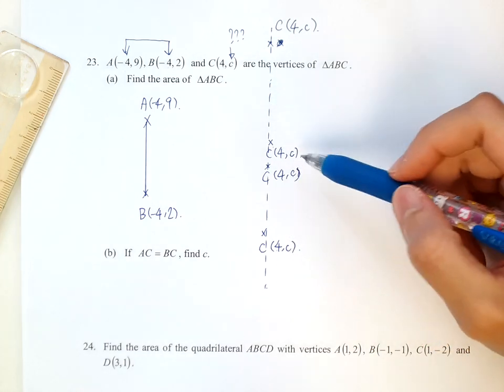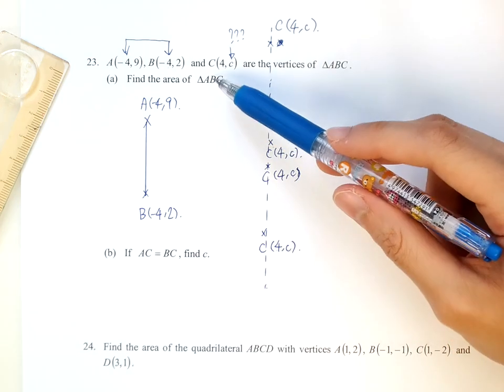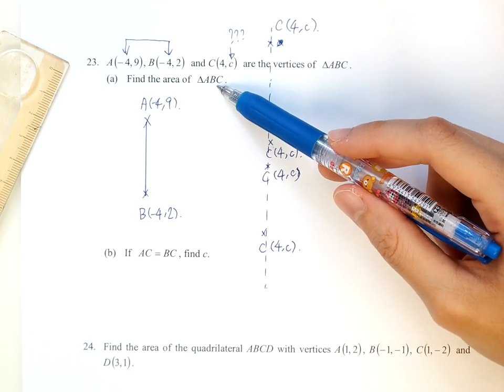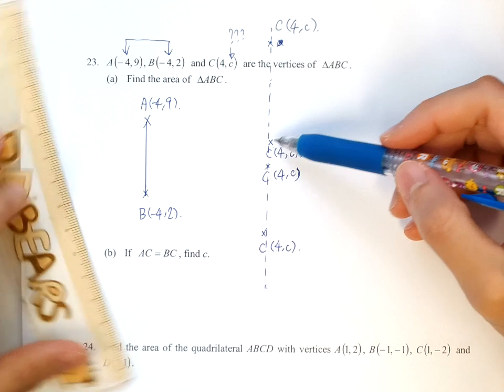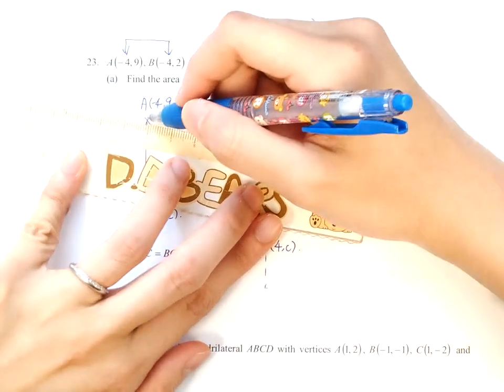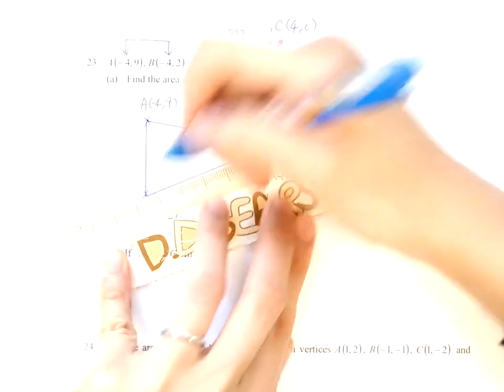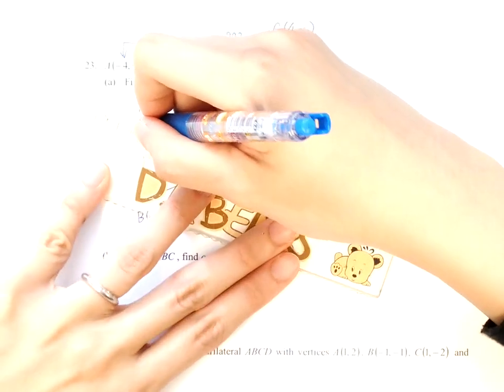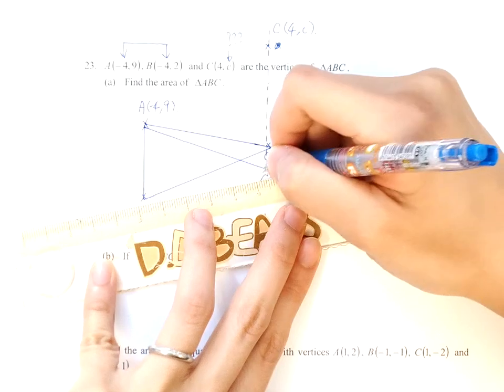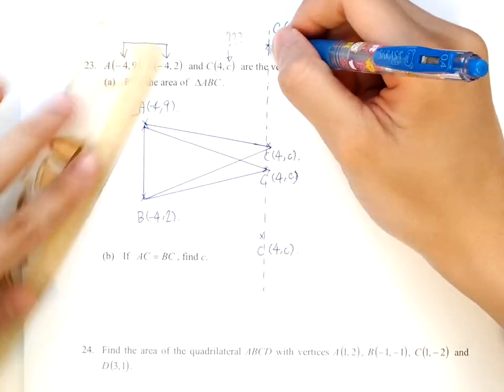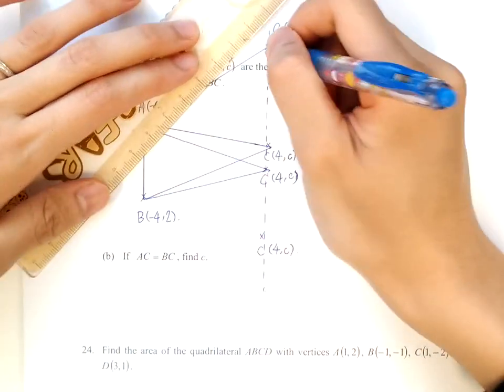So although we don't know the C, we can find the area also. Why? Suppose the point C is here. You can draw a triangle like this, a triangle like this, or even a triangle like this.